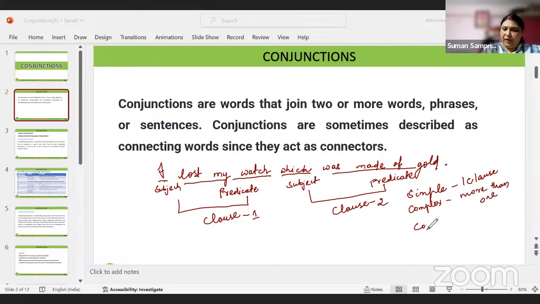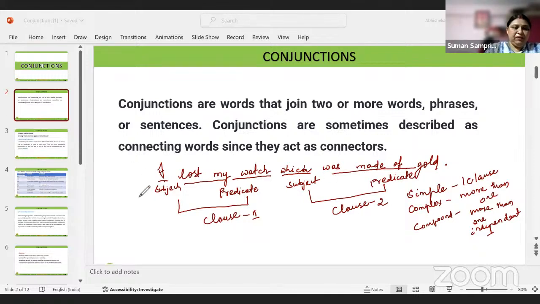And in compound sentences, you will find more than one independent clause. Now, again, what is a dependent clause and what is an independent clause? We will be looking at that eventually. I just wanted to brush up on what you have learned earlier. That is why I've mentioned this.